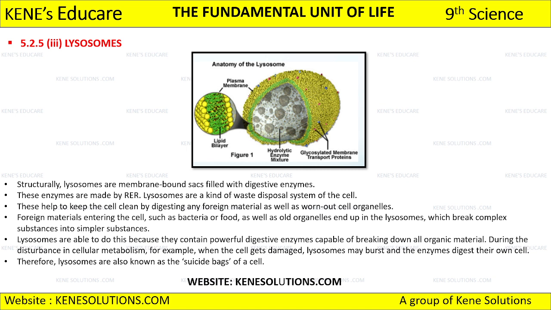What is the lysosome made up of? Digestive enzymes, and these digestive enzymes are made by RER, that is rough endoplasmic reticulum. So lysosomes are a kind of waste disposal system of the cell. What are lysosomes? They are a kind of waste disposal system of the cell, and this helps to keep the cell clean by digesting any foreign material as well as worn out cell organelles.